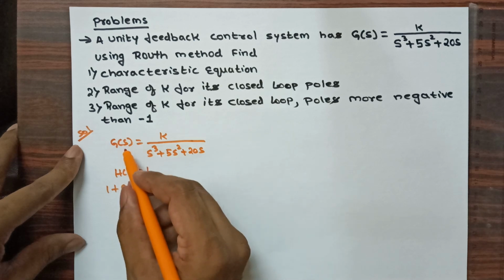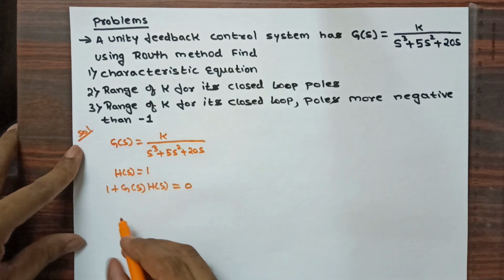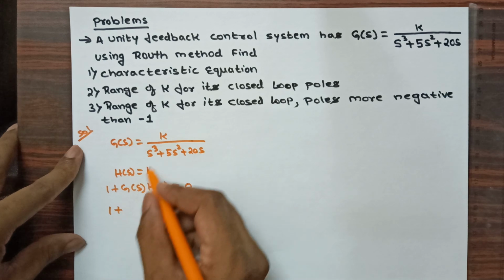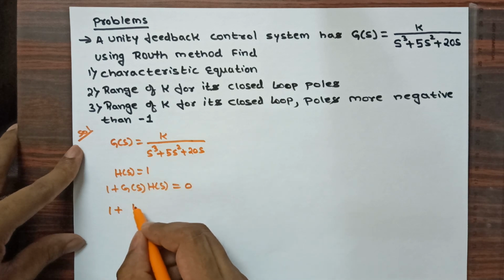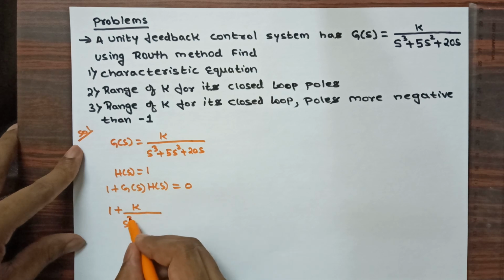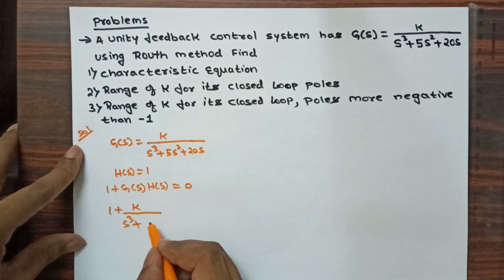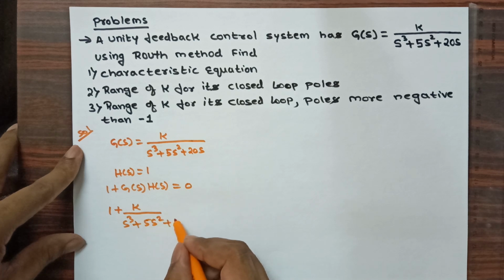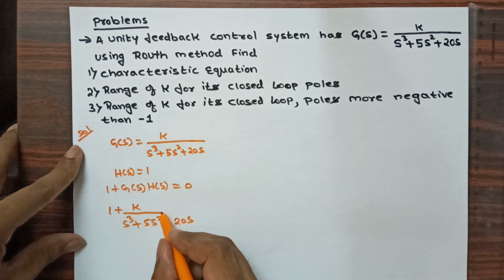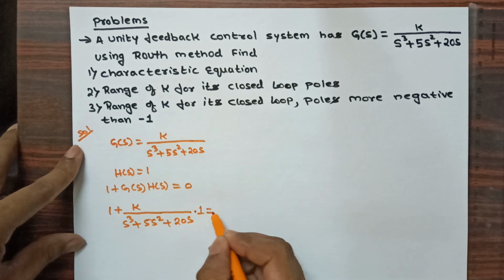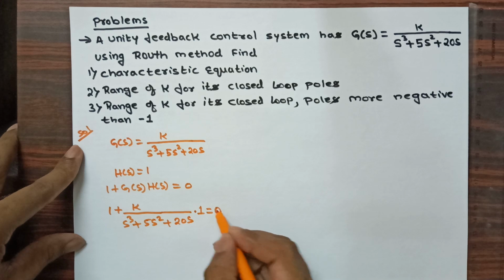Now by substituting the G(s) and H(s) values in this equation, I will get 1 + K divided by s^3 + 5s^2 + 20s, and H(s) value is 1, equal to 0.